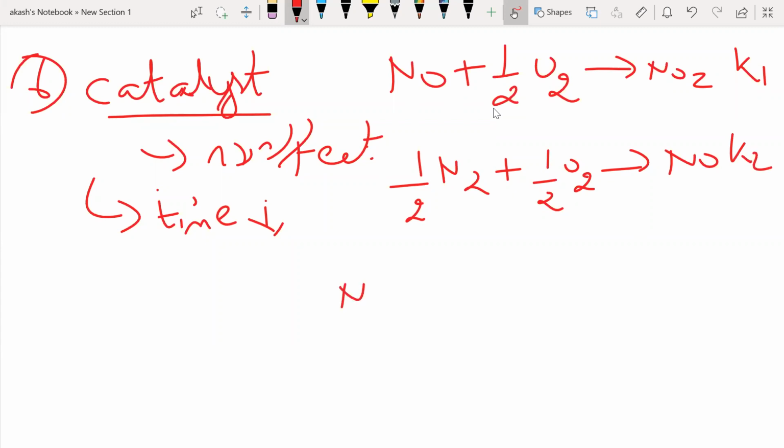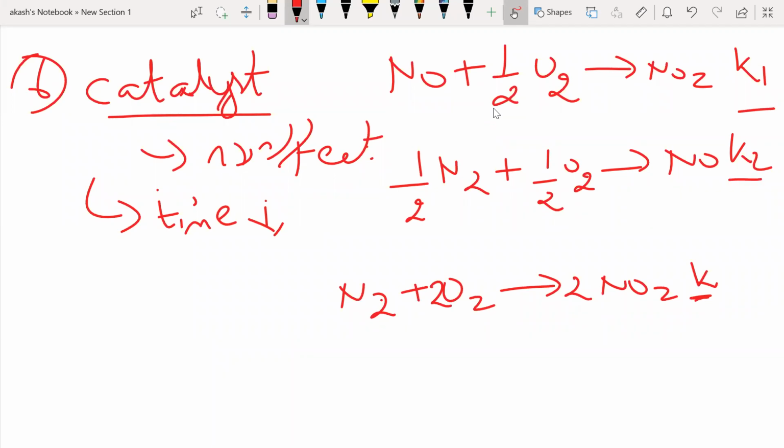And what we need is this reaction, N2 plus 2O2 gives 2NO2. Say this is K. So I want to know K in terms of K1 and K2.